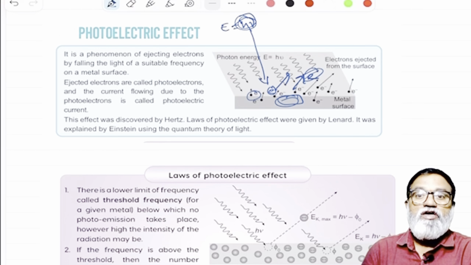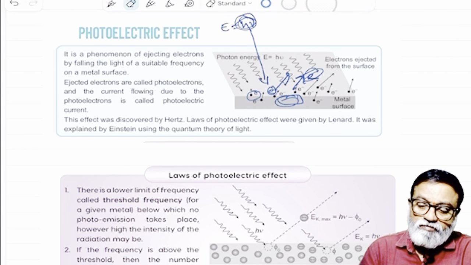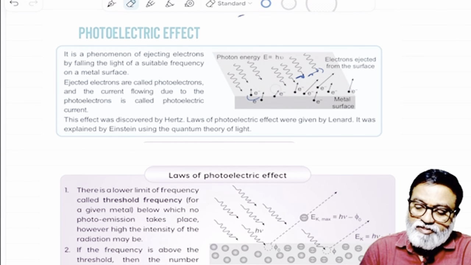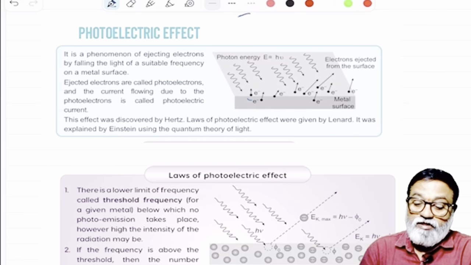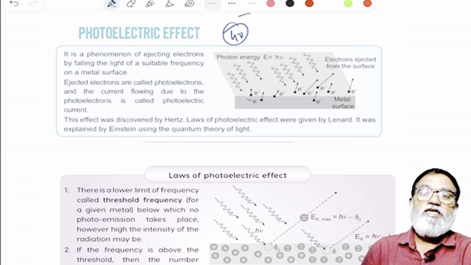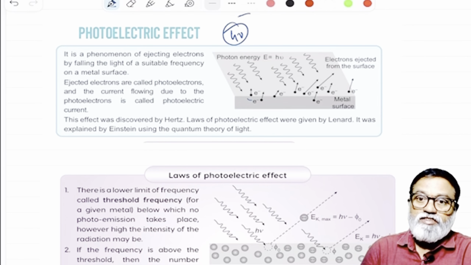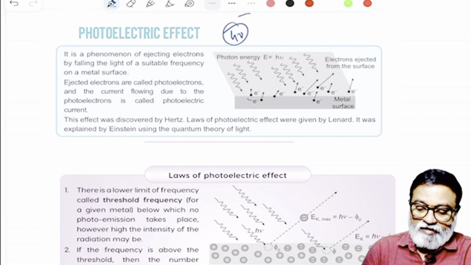That frequency is called threshold frequency. Whenever light is incident on this metal surface, part of the energy h nu is used to eject the electrons, that is, used as the work function, and the remaining energy is imparted as kinetic energy. This is the main idea of the photoelectric effect.